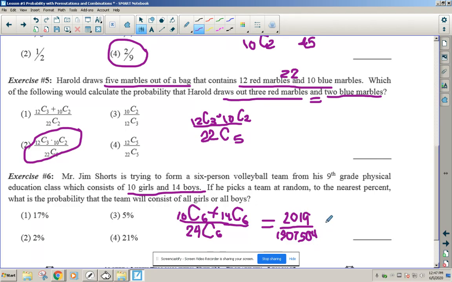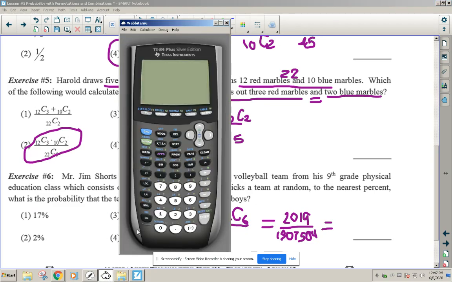So now you have to type in 2019 divided by 1,307,504. And I didn't do that one yet, so let's do that right now. 2019 divided by 1,307,504, and that gives us 0.0015.